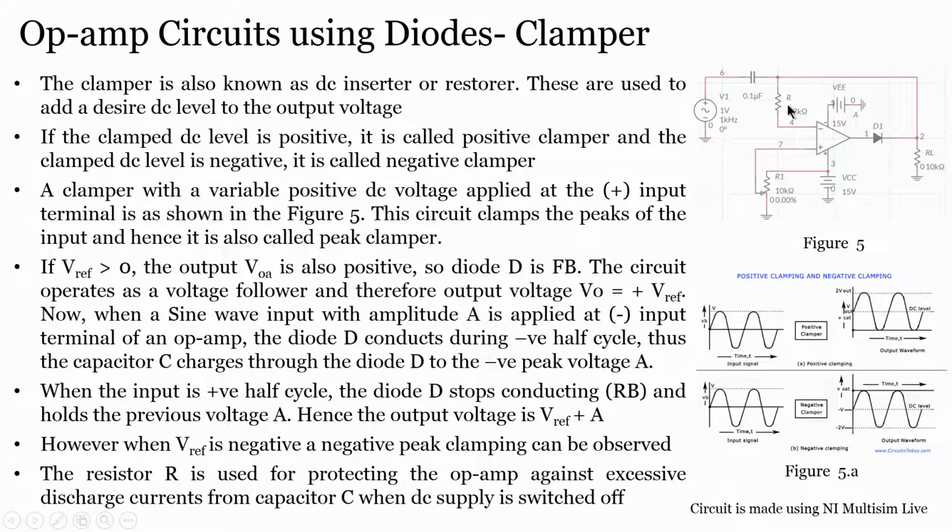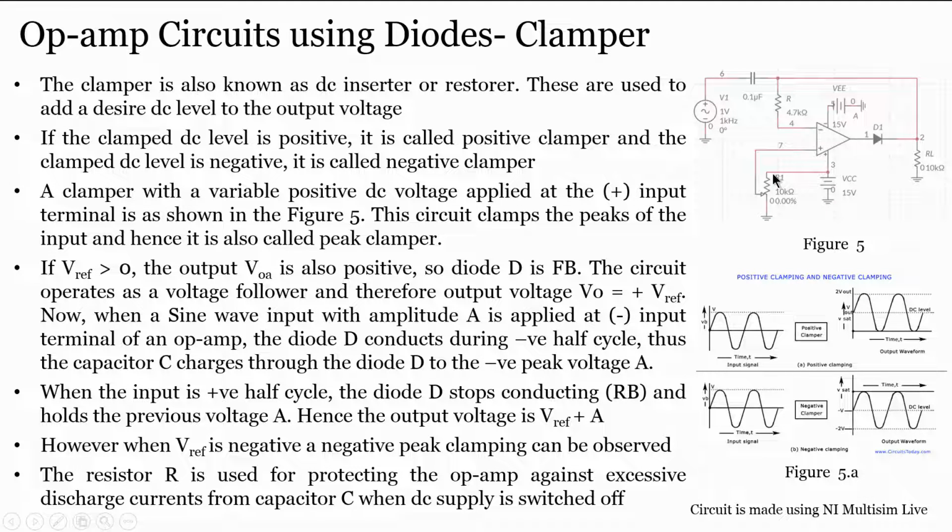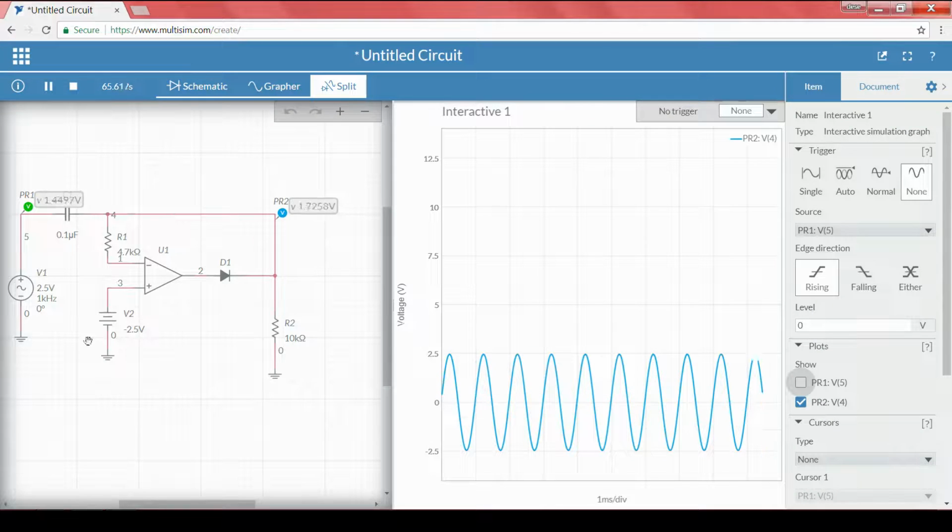Depending on whether you are applying a positive or negative input, the signal will be clamped to that particular value. Since in this case we have provided the input as minus 2.5, the negative peak is also starting from minus 2.5, so it is not clamping.